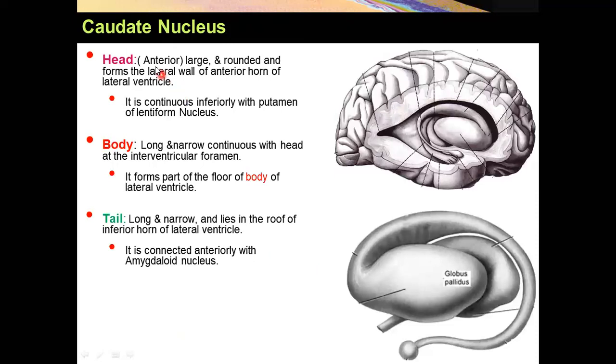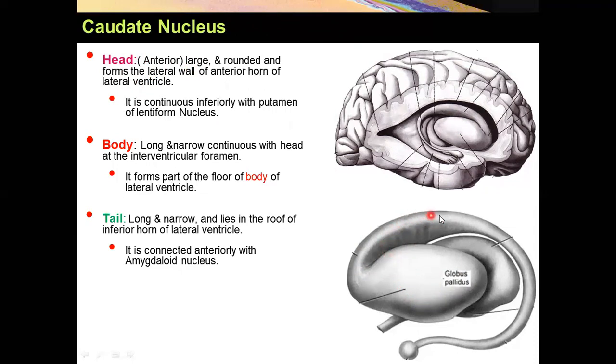Now, the head of caudate nucleus is a large, rounded part of the nucleus, and it forms the lateral wall of anterior horn of lateral ventricle. And it continues inferiorly with the putamen of lentiform nucleus.